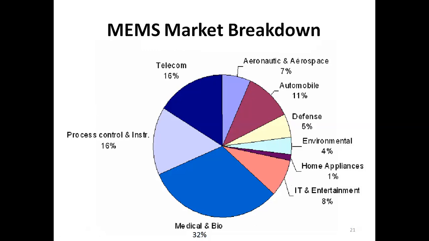So mostly biomedical and bio 32%, telecom 16%, industry process control and instrumentation 16%, aeronautics and aerospace 7%, automobile 11%, defense 5%, environmental applications 4%, home appliances 1%, IT and entertainment 8%.